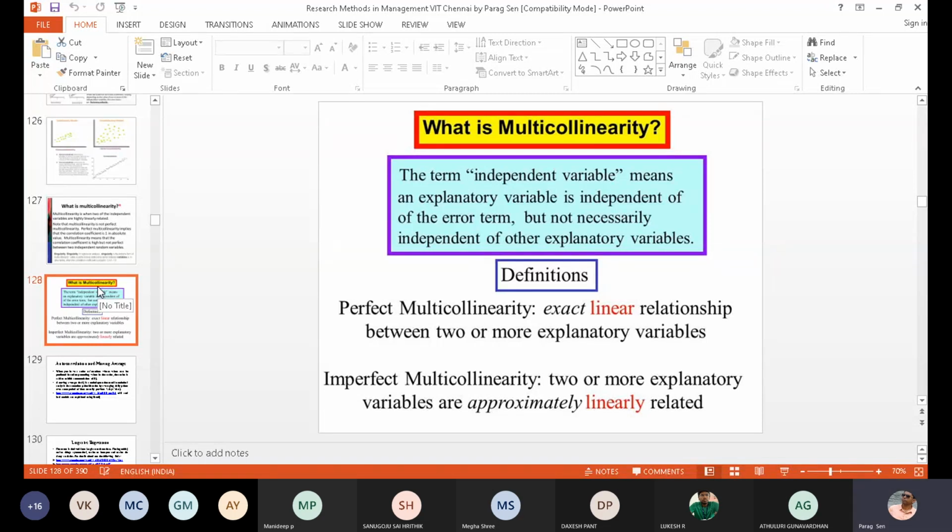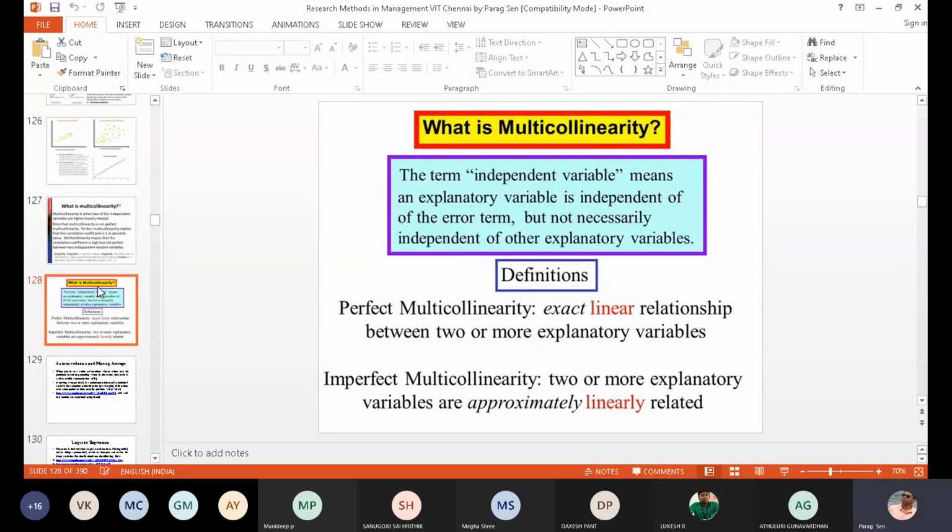Suppose I would like to give an example. Suppose your independent variable is, for example, red meat consumption, and your dependent variable is the possibility of colon cancer.